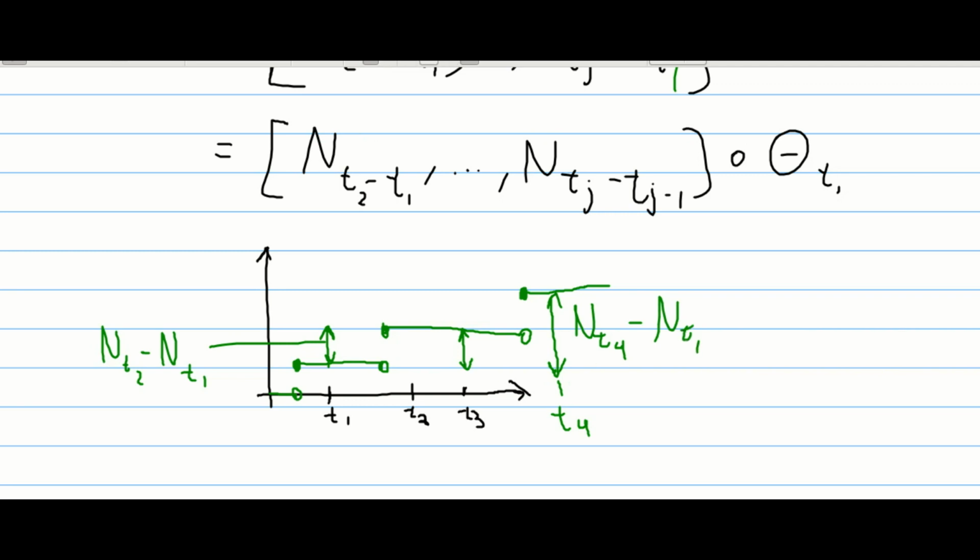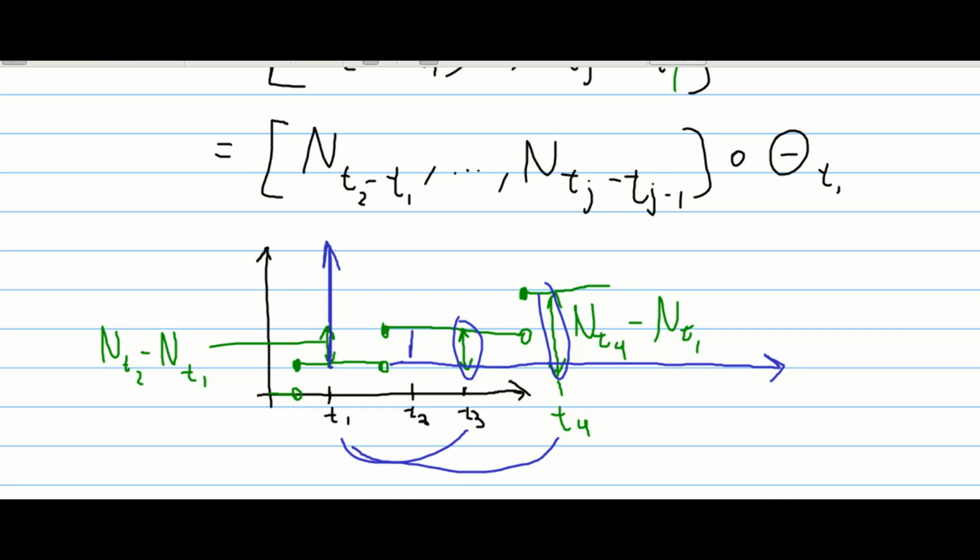And let us now shift our axis to be centered here, the vertical and the horizontal ones. And you see that all these heights that I drew here, they are just the values of our shifted process evaluated at T3 minus T1, T4 minus T1, T2 minus T1.